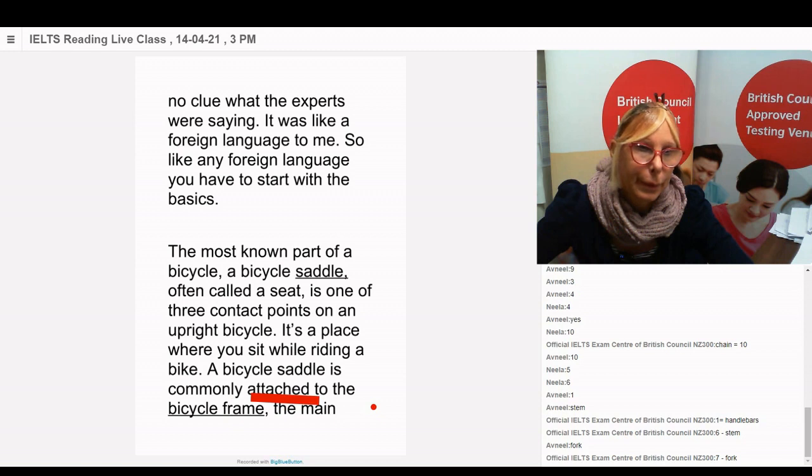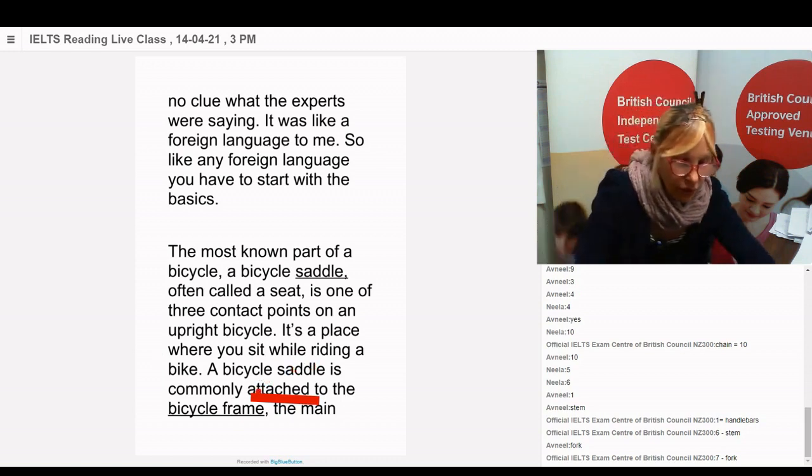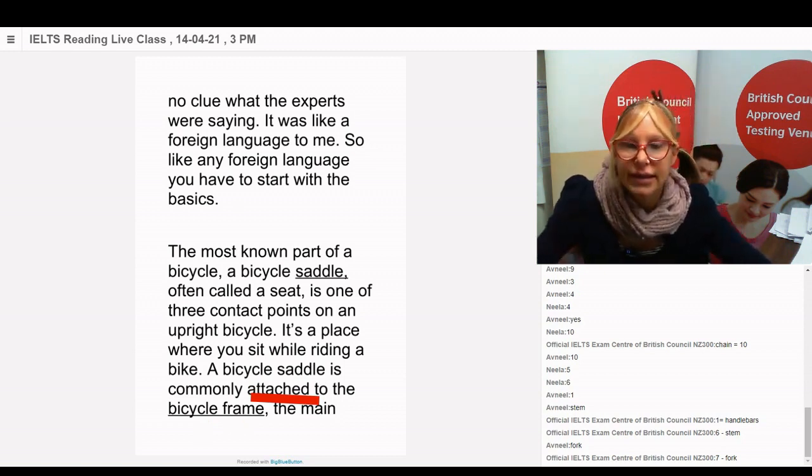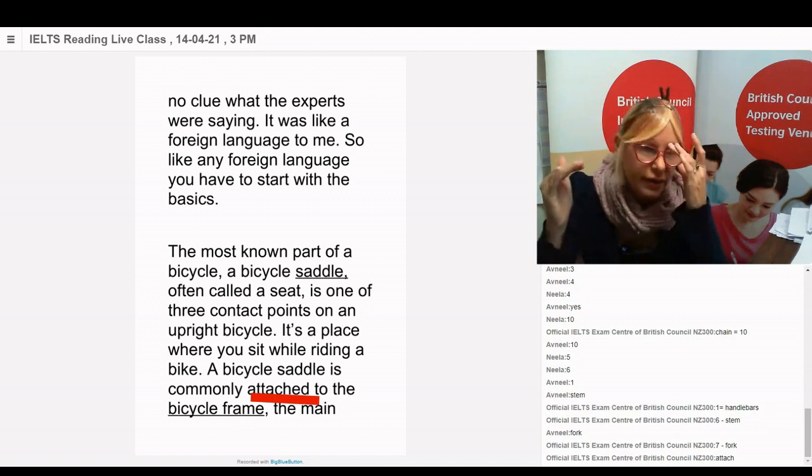Attached. A bicycle saddle is commonly attached to the bicycle frame. So the verb attach, it's a verb. That helps us to identify two parts of the bike.